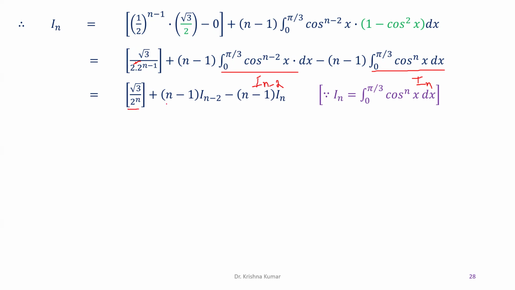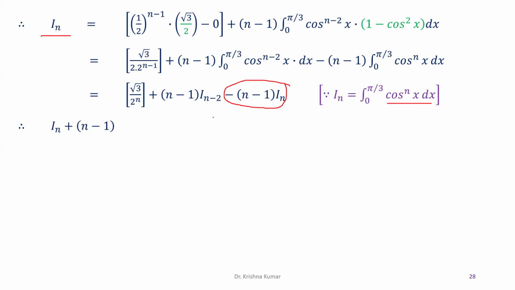We have 2 to the power n plus n minus 1 In minus 2 minus n minus 1 into In, because In is nothing but the integration of cos to the power nx dx under the limit 0 to pi by 3. Now since the left hand side is In, we transpose this In term to the left hand side. So we have In plus n minus 1 into In, which is equal to root 3 upon 2 to the power n plus n minus 1 into In minus 2.